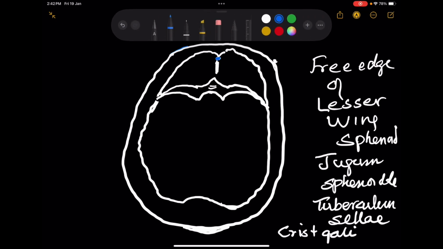So you have this foramen-like structure, which is the foramen cecum. Around the crista galli, you have a plate which has got multiple holes in it, and this plate is called the cribriform plate.